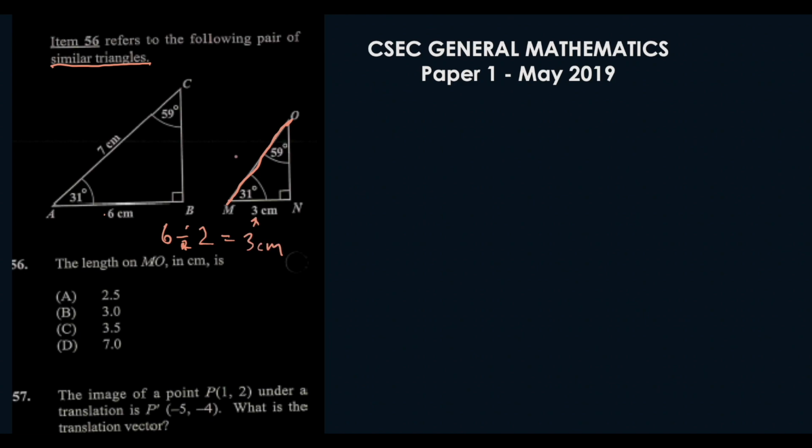So likewise, for this length, I have to divide by 2 as well. So 7 divided by 2 is 3.5. So in essence, this triangle just doubled for this one. If you look at it from the other way around, this triangle is just half of this one.